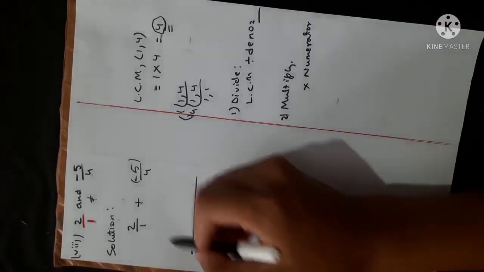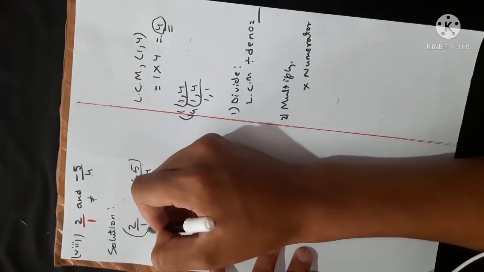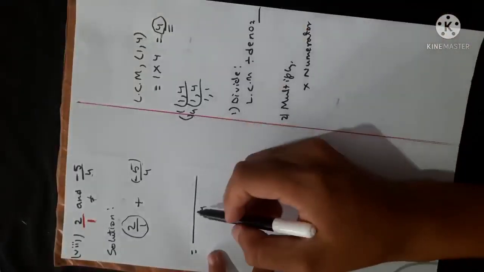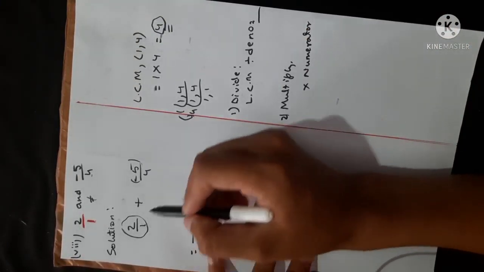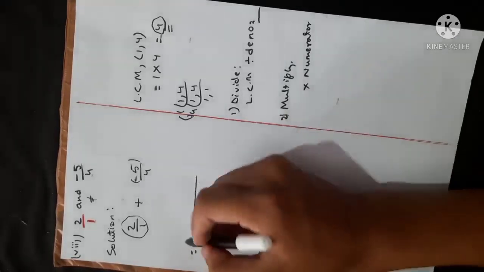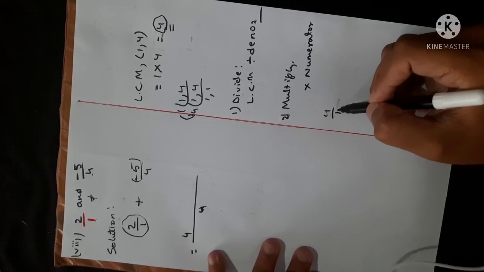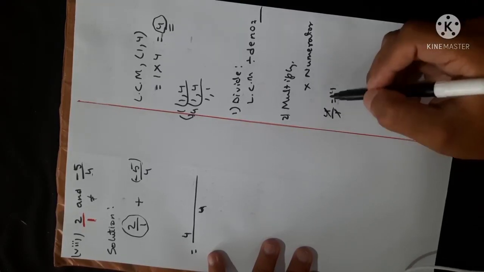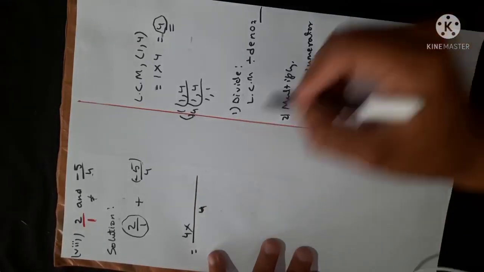So here LCM divide denominator, for this fraction first, for 2 by 1. LCM is 4, denominator is 1. So 4 divide 1 equal 4. And this 4 we have to multiply with the numerator.